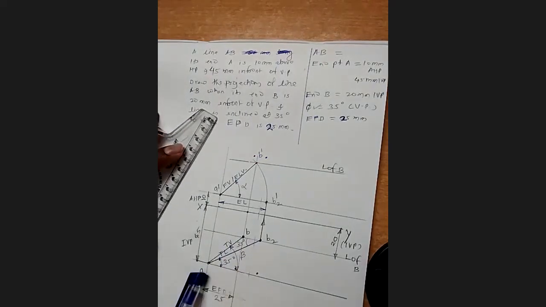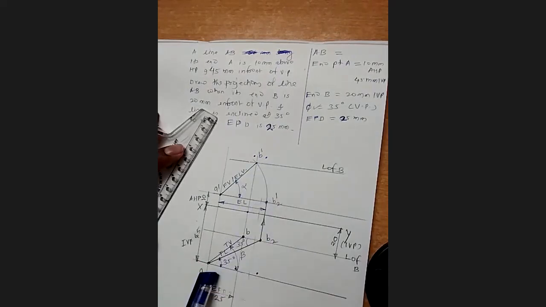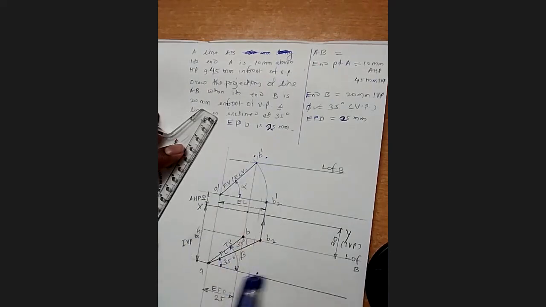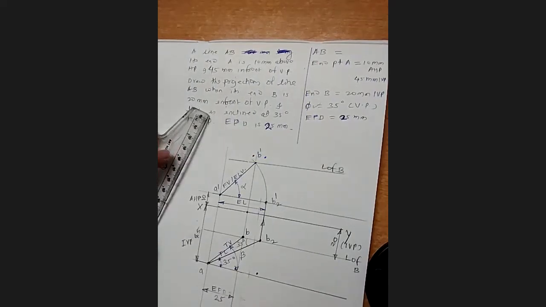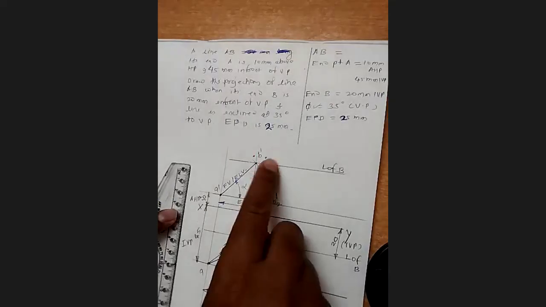Now you got the true length, but how will you get the true length here? You will get it or not doesn't matter, because you already got the solution as per requirement. But still we'll follow the steps and try to get the true length in the front view.